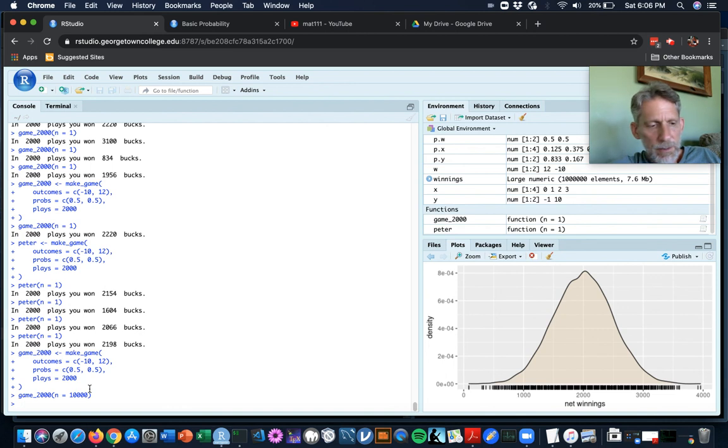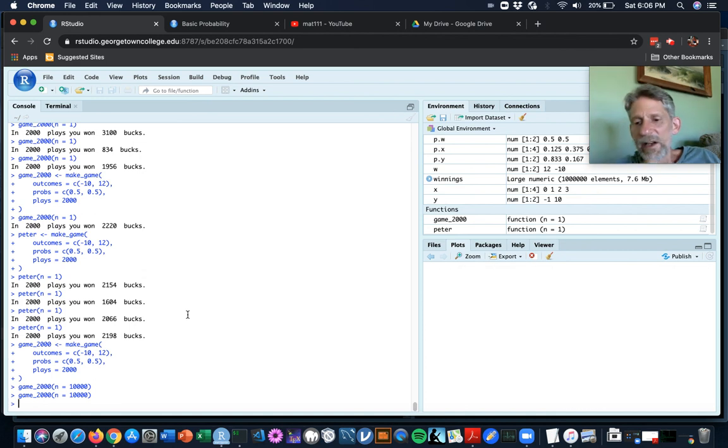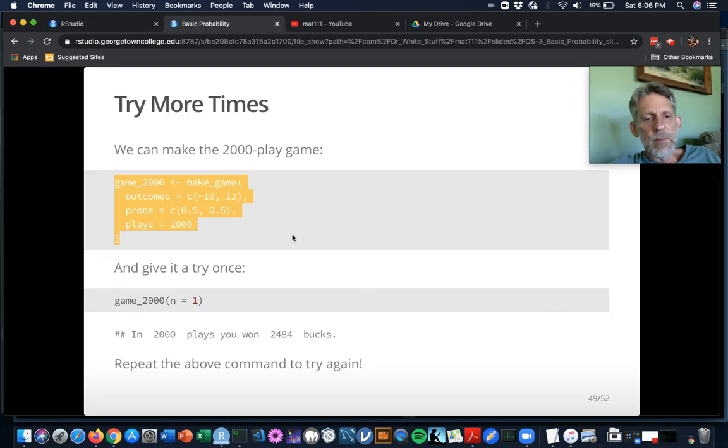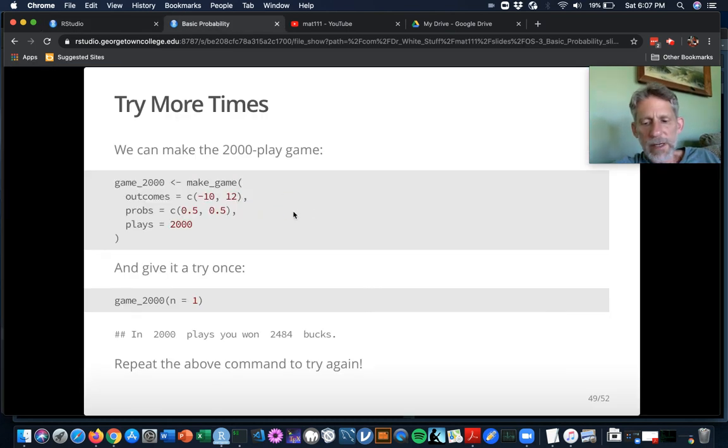If I go up arrow again and run with n equals 10,000 again, I'll add on another 10,000 results. So now that's based on 20,000 people trying this out. And still we have this very kind of bell-shaped situation. So I hope you give that a try too.